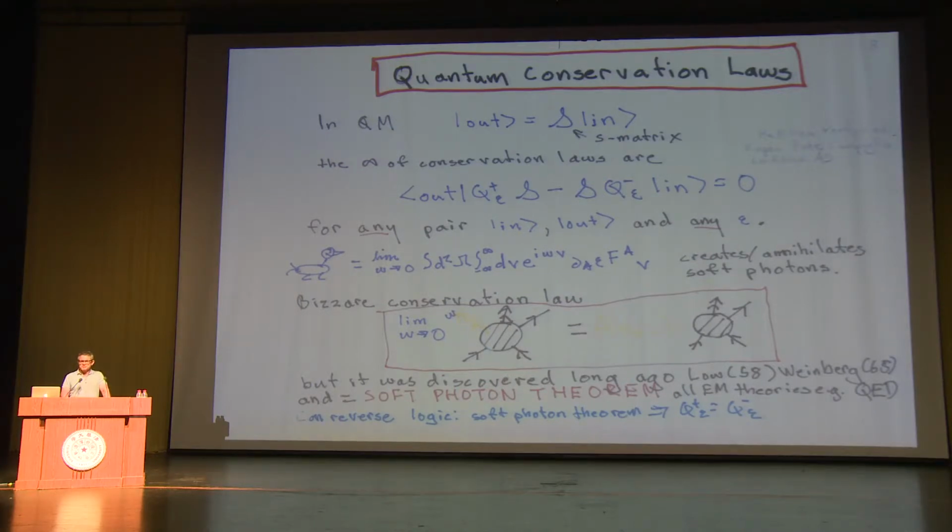But in fact, it's well known. We haven't discovered anything new here. We've just said something that's been known for 50 or maybe even 100 years, the soft photon theorem. We've just derived it in a different way, starting from a conservation law. And that conservation law, its essence, was just the boundary condition on the fields at spatial infinity.